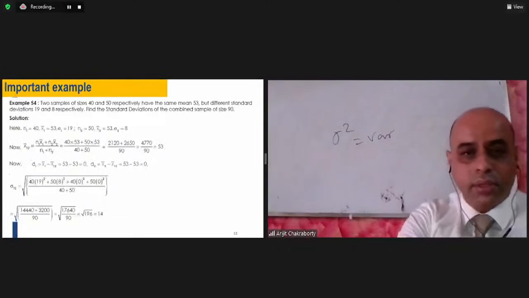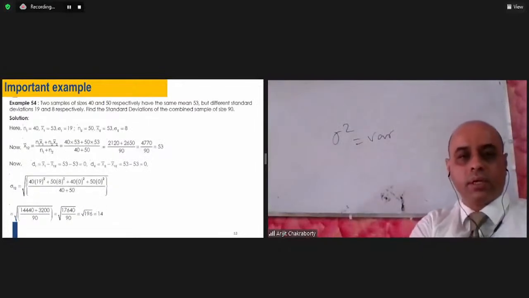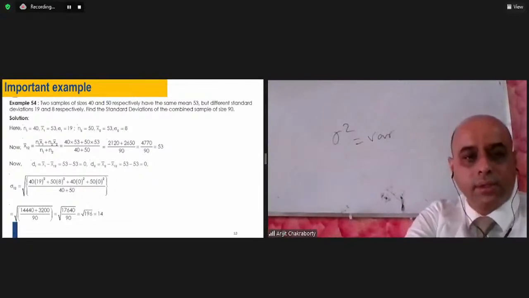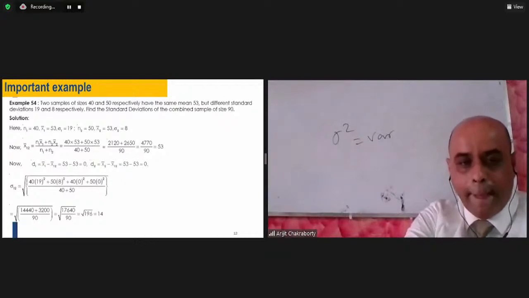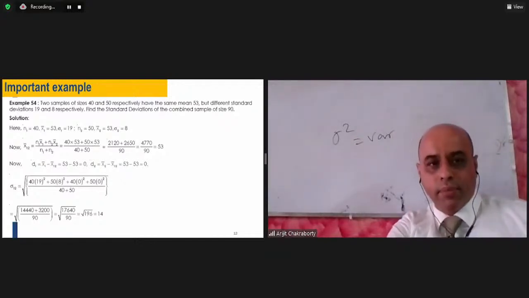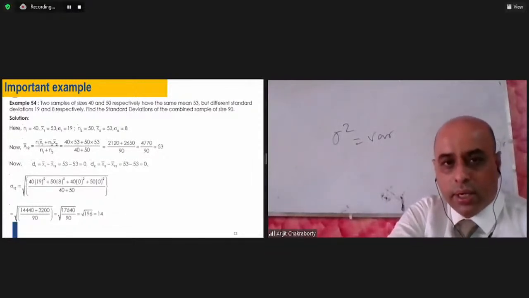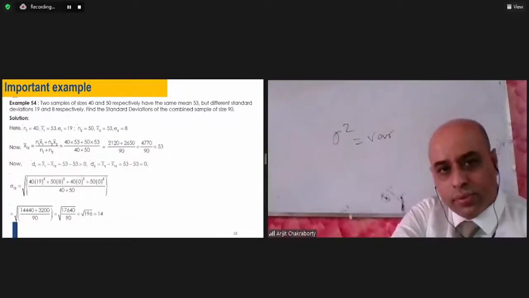Ankit, can you just go to the last slide once again. Please see the working out here. N1 is 40, N2 is 50. Now both the means are the same. Please note that X1 bar and X2 bar are both 53. So if you use the formula, you will get the combined mean X12 bar is also 53.